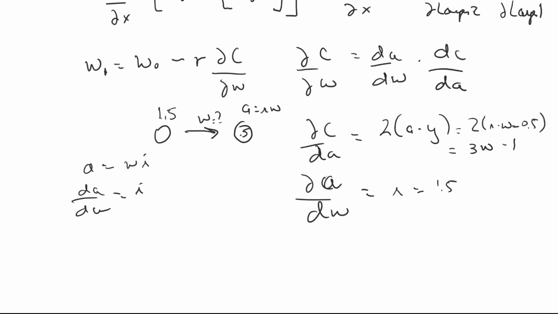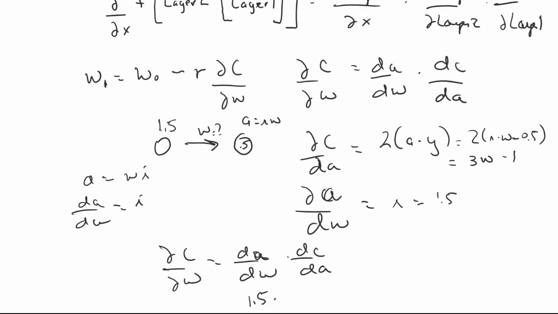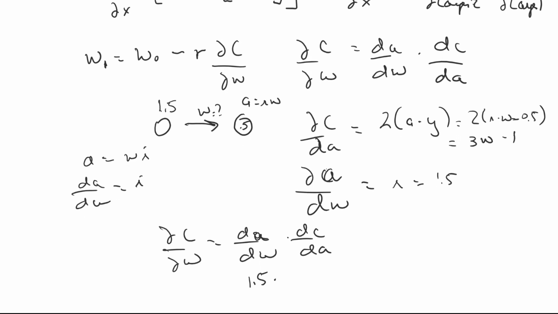So if we now do the calculation of what dC dW is equal to, dA dW dot dC over dA, it all becomes really clear. This dA dW is I, which is 1.5, and we did the calculation before that dC dA is 3W minus 1.